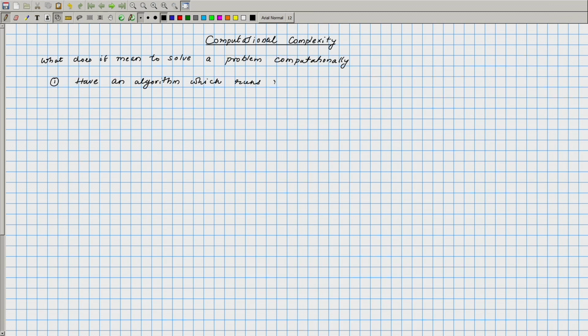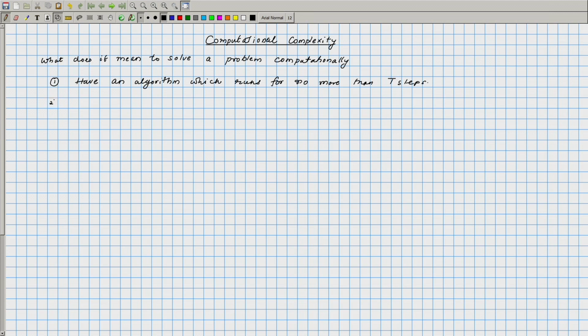Which runs for no more than t steps. Okay. When we have one such algorithm, the natural question is, are there algorithms which do even better than this?